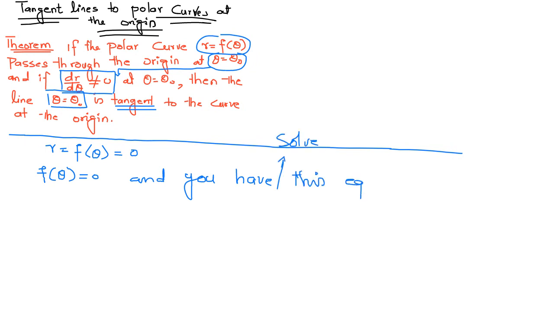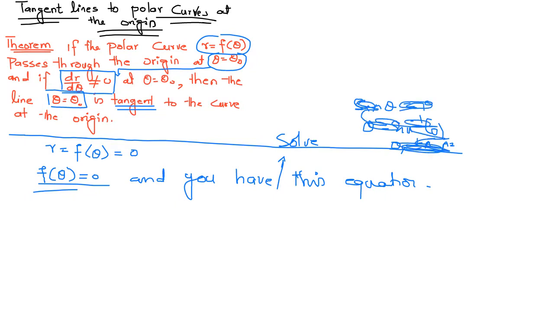For example, you have sine of theta equals 0, so theta equals sine inverse of 0, which is plus or minus pi, plus or minus 2 pi, like this. So you will get different values of theta.